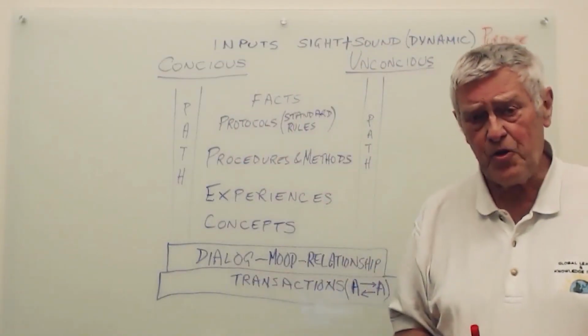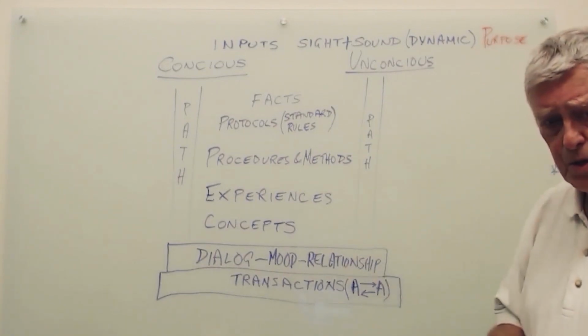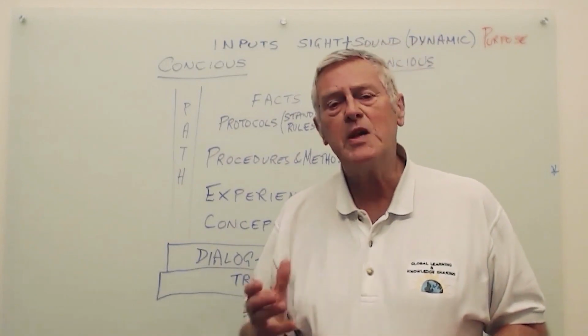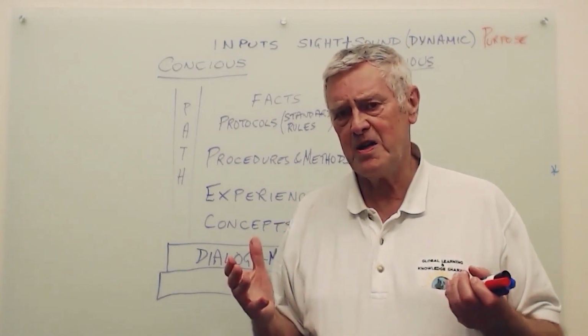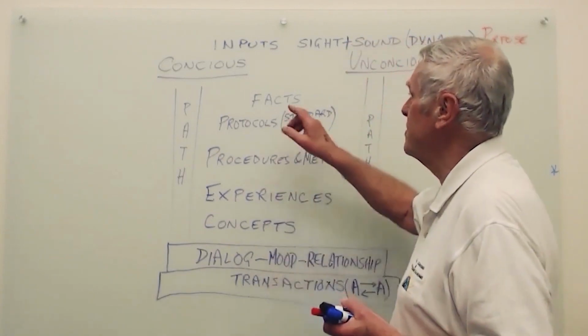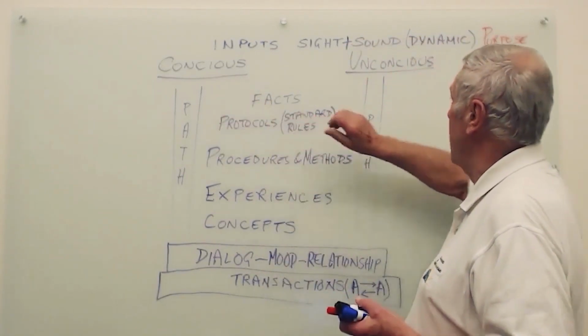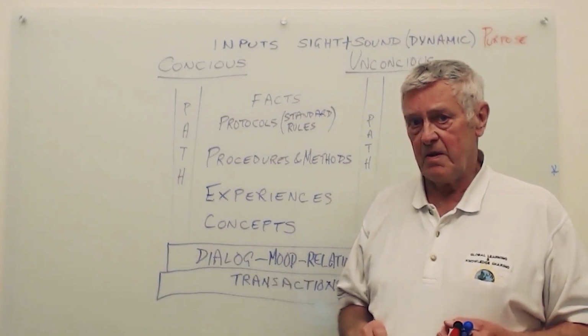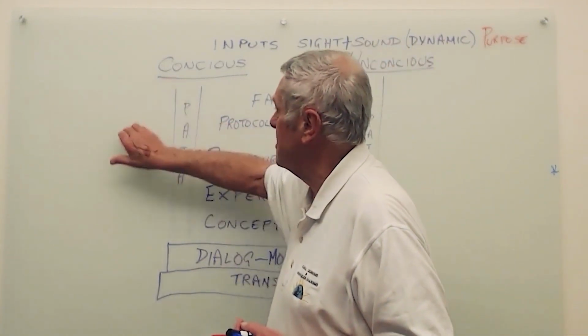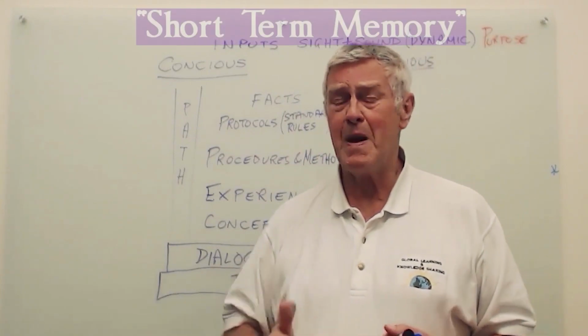Okay, now the other thing we were talking about, I was talking to you about how your mind, very simplistically speaking, because your mind is fiendishly complicated, but we can think of it as a conscious aspect of it and the unconscious aspect. For example, on this side of the fence might be your short-term memory.